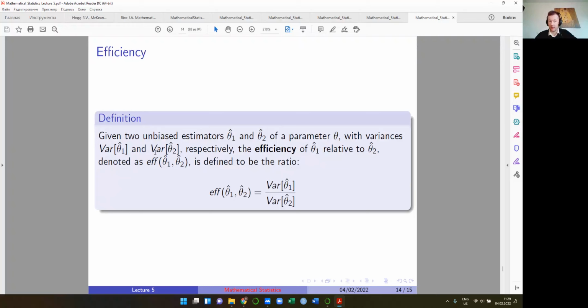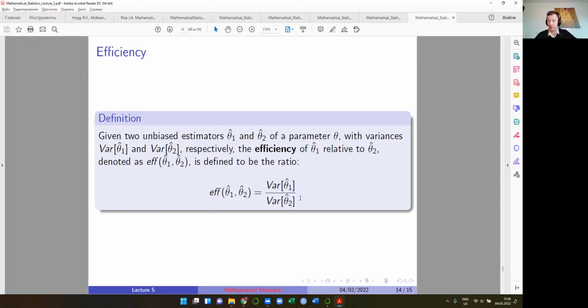So both of these estimators have some variances: variance of theta 1 hat, variance of theta 2 hat. The efficiency of theta 1 relative to theta 2, which we denote as F, is defined as just the ratio of variances.